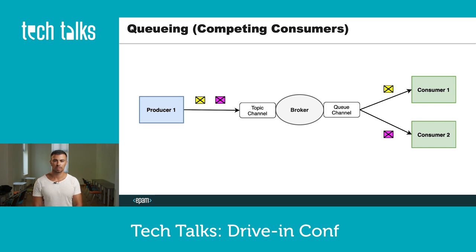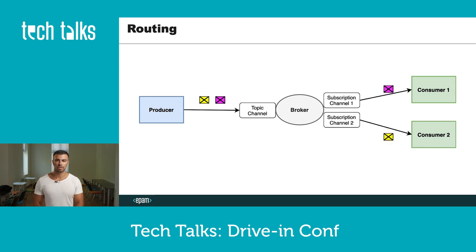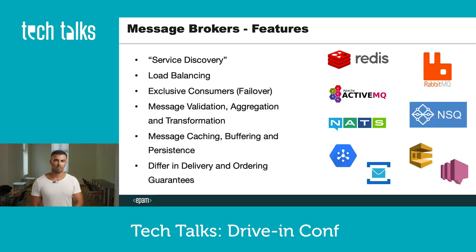They just get their own parts of the messages inside a queue channel. And even routing, where the producer is not aware of where the messages would be sent, and this is something the broker is interested in, so it can route messages to different consumers based on some message headers.